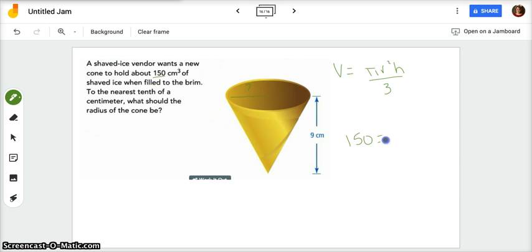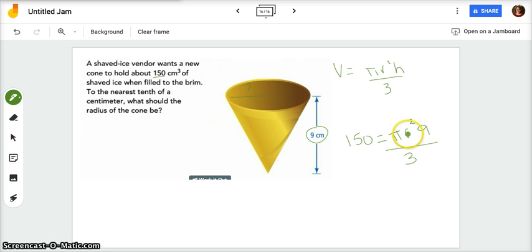We do know what pi is. It's 3.14. We don't know the radius, and that's okay. We can leave that as a variable. And we know the height. The height is 9. So we're going to put that in there. And we know that the volume of a cone is always divided by 3. So that's great. So let's simplify what we do know.